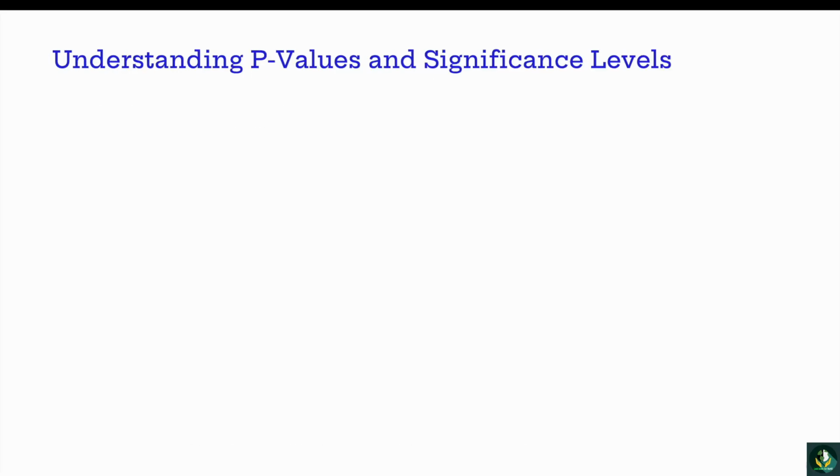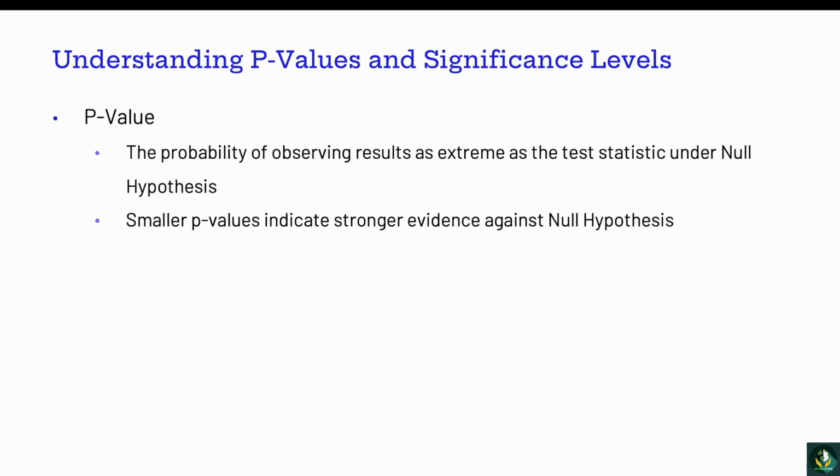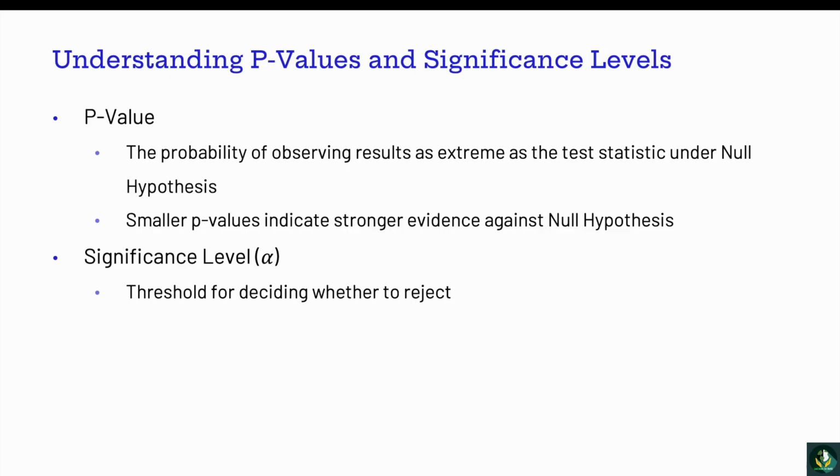Next, let's look at understanding the p-values and significance levels. The p-value is the probability of observing results as extreme as the test statistic under the null hypothesis. Smaller p-values indicate stronger evidence against the null hypothesis. Then we have the significance level, alpha, the threshold for deciding whether to reject a null hypothesis.